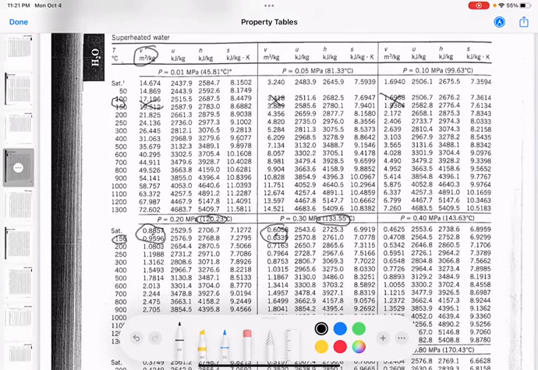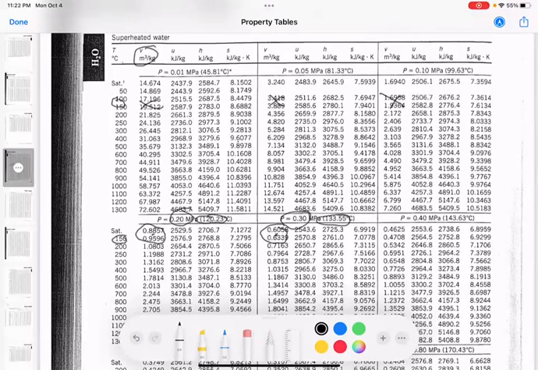And then we're going to extrapolate downwards below to find at a temperature of 125 what the specific volume is. And then once we have those two values of specific volume at 125, then we can interpolate them knowing the pressure here is 0.2 and 0.3.